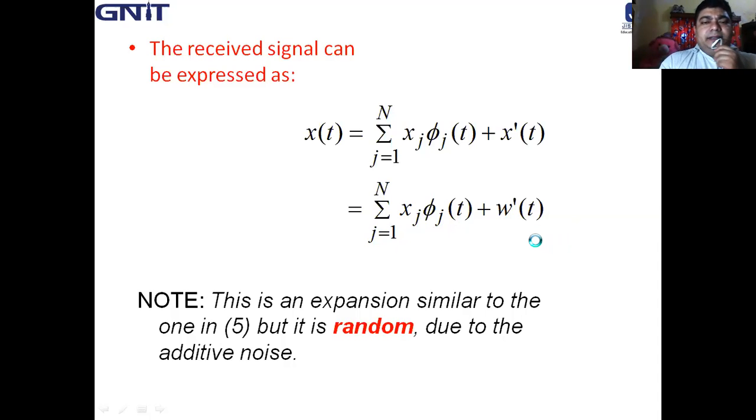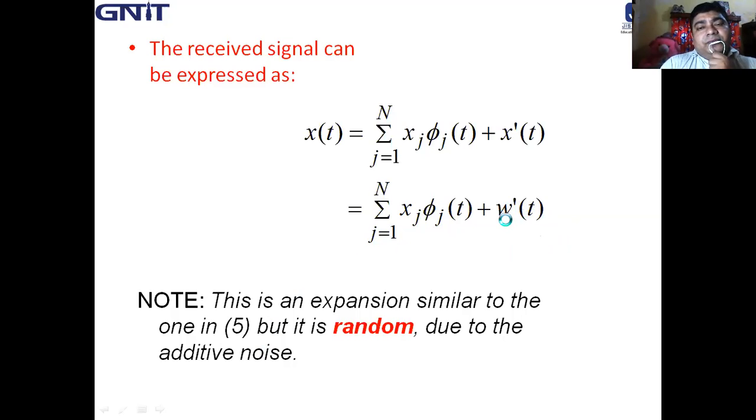Remember that this expression is random or stochastic in nature due to the addition of noise.